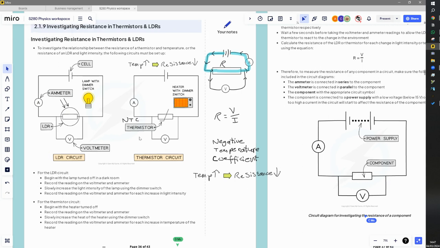Briefly, the reason why is because the material that a thermistor is made out of is something called a semiconductor. Semiconductors, if you think about what the name is made out of, semi means, well, half. Conductor means it conducts electricity in this case. So a semiconductor sort of conducts electricity, but not completely.